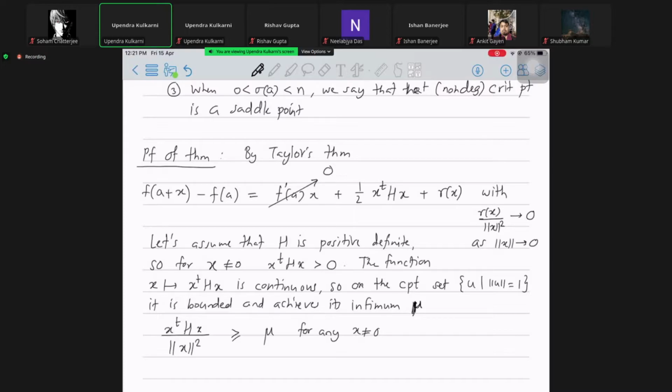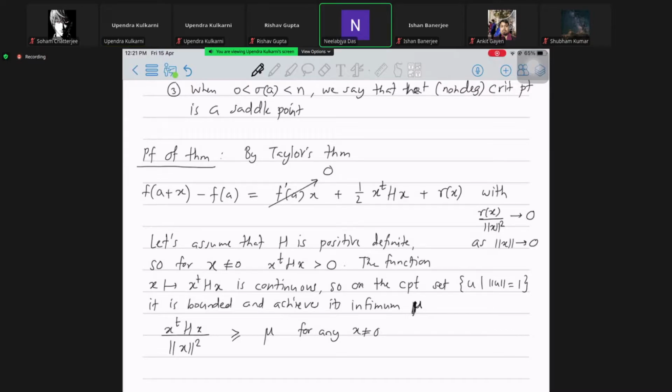What do I know about mu? I mean, mu is an infimum of a function that takes only positive values. As such, the infimum has to be either positive or zero, right? Because the infimum of positive numbers could be zero.